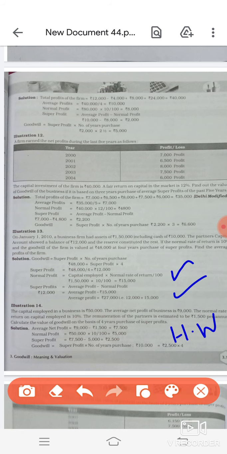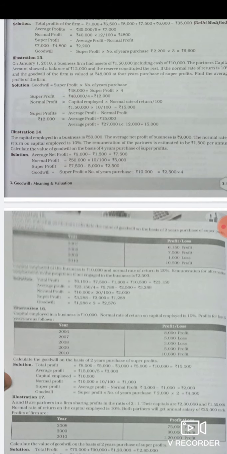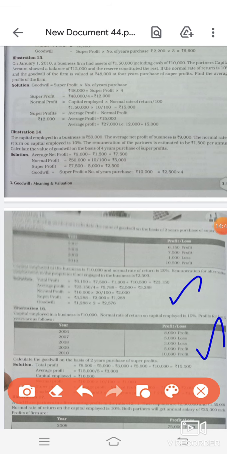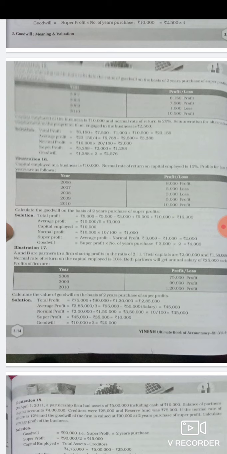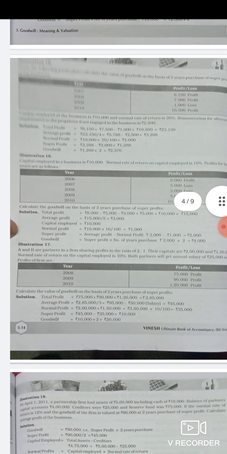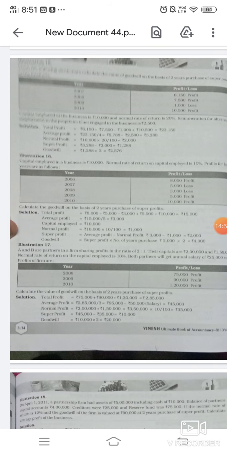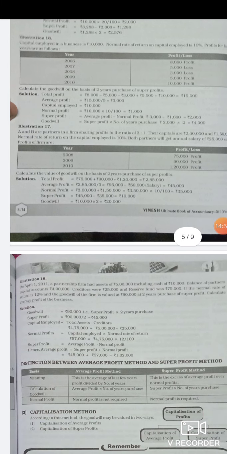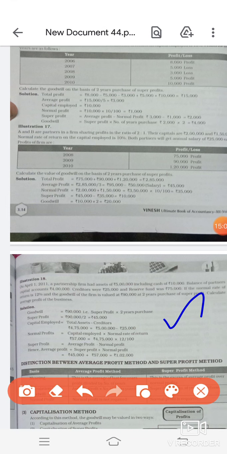Okay, so illustration 14, illustration 15, 16 and 17 sum, and the 18th sum. Okay, so do all the sums as homework sums.